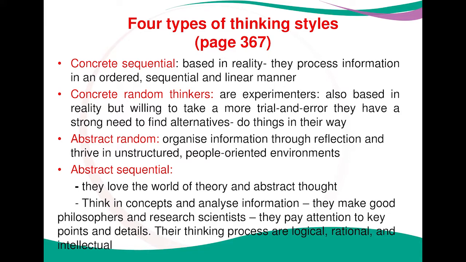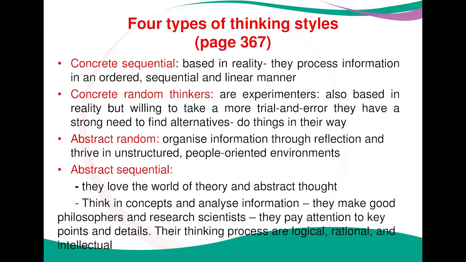Okay. The second point is the concrete random thinkers. We say they are the experimenters. They like to experiment, they like trial and error, they like to find alternatives, they like to do things in their own way. Right? The third one is abstract random. The abstract random kind of thinkers think through reflection and they thrive in unstructured, people-oriented environments.